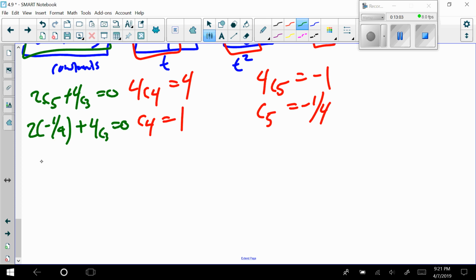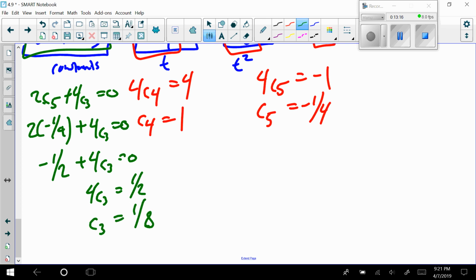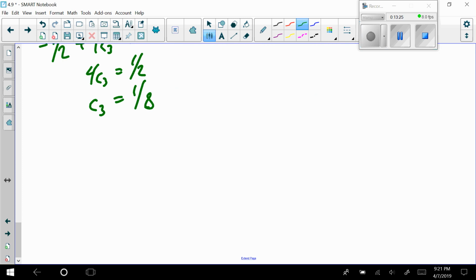That's a negative 1/2 plus 4c sub 3 equals 0. 4c sub 3 equals 1/2 then. C sub 3 equals 1/8. Okay. And even though it doesn't really feel like it, we actually have the solution.